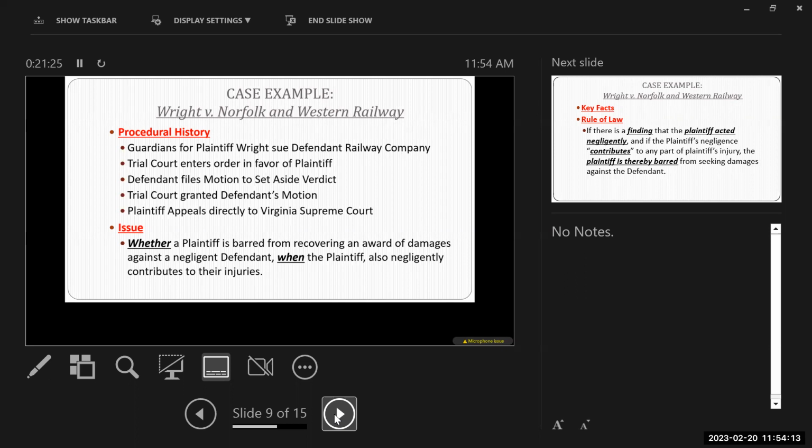I've got a plaintiff who has established negligence against the defendant. If the defendant is able to establish negligence against the plaintiff, what happens? Well, if you are in a jurisdiction that utilizes the doctrine of contributory negligence, what happens is the plaintiff goes home without judgment because the plaintiff is now barred. Okay.